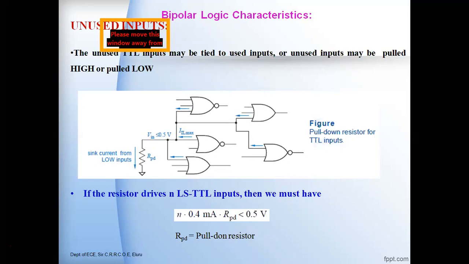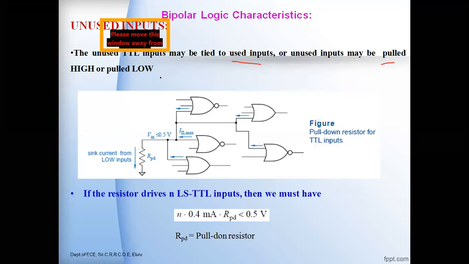Likewise, in TTL logic also, the unused inputs may be tied to used pins, or pulled to high or low values. I mean that you can connect a pull-up resistor through VDD, or a pull-down resistor to ground, so that we can effectively use the circuit.